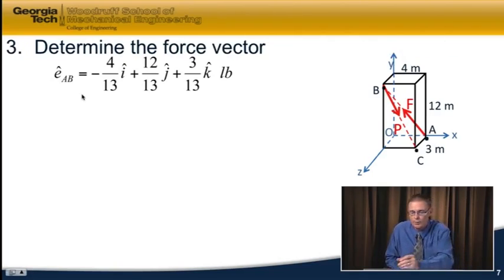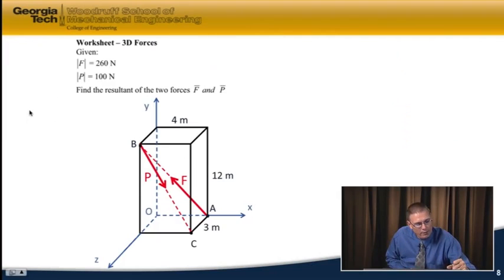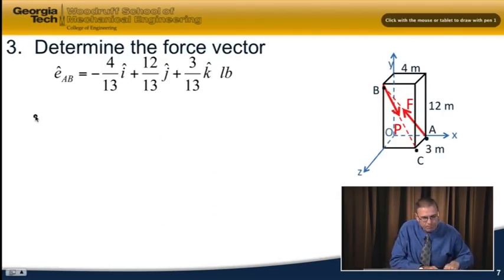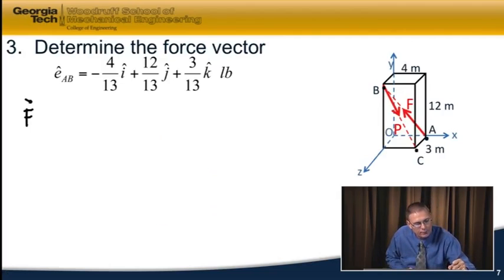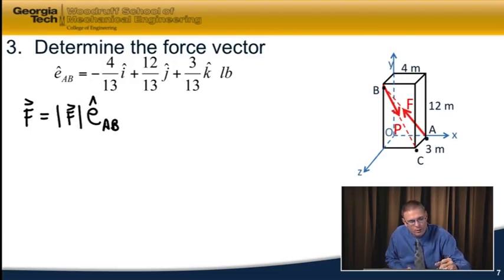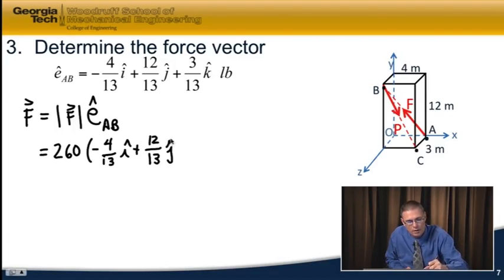So now we have a unit vector in the direction of the force. We know the magnitude of the force. It was given as 260 pounds. And so the final expression of the force F as a vector is equal to the magnitude of the force times the unit vector. So that's going to include both magnitude and direction. And so we have 260 times -4/13 i plus 12/13 j plus 3/13 k.